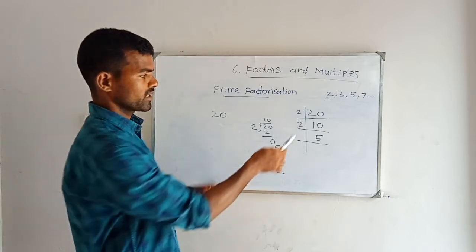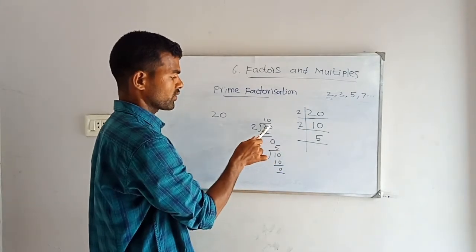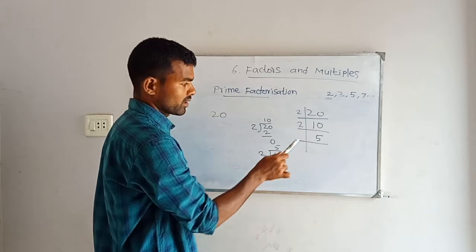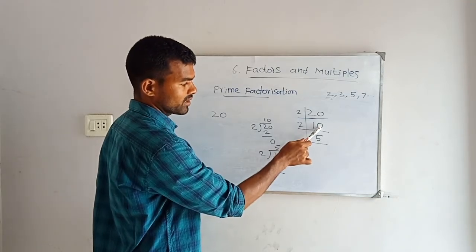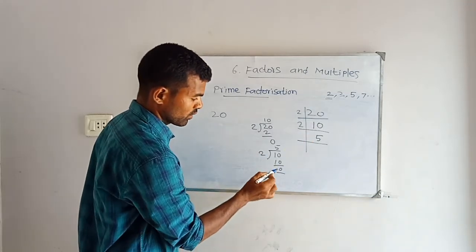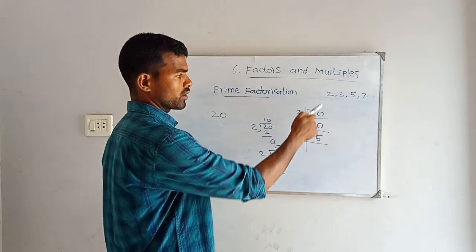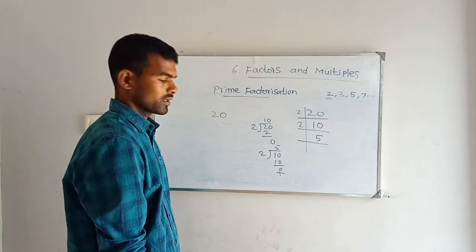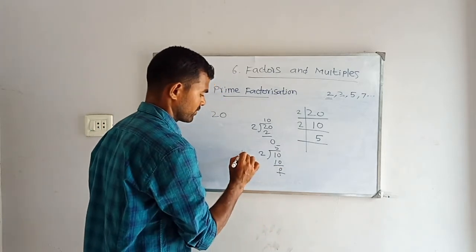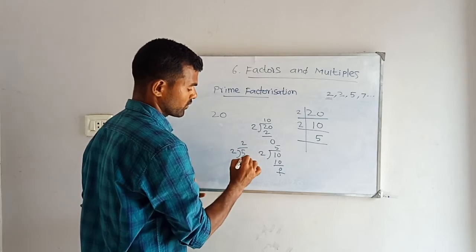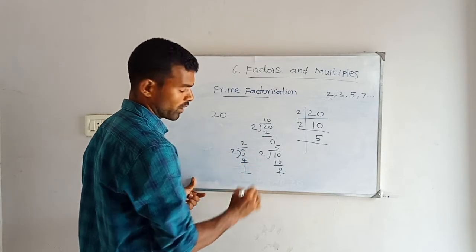See, first 20 is there. If you divide 20 by 2, there is no remainder. Then 10 is there. If you divide 10 by 2, there is no remainder. If you divide this 5 by 2, can you divide? 5 by 2, 2 times 2 is 4, and the remainder is 1.